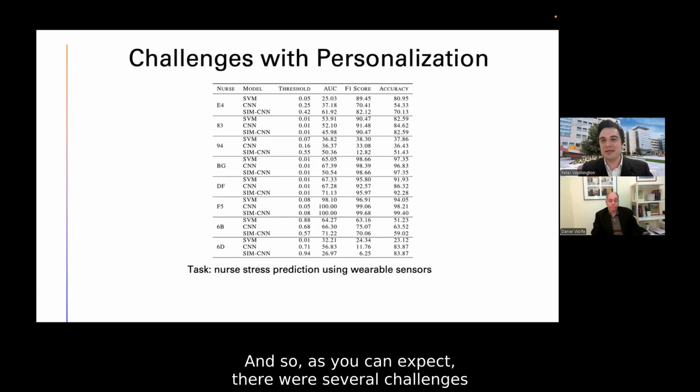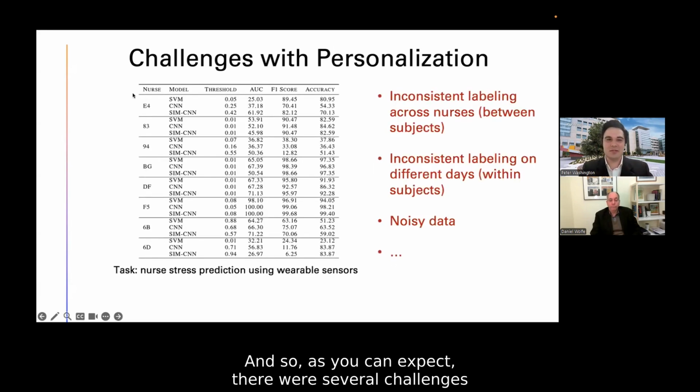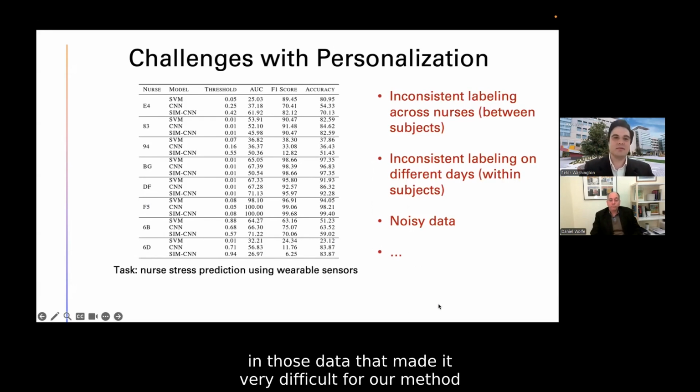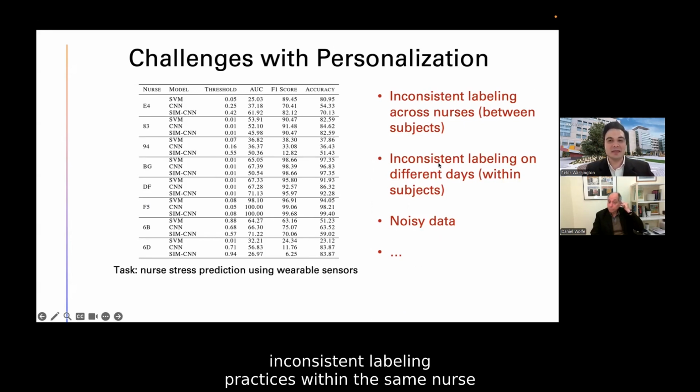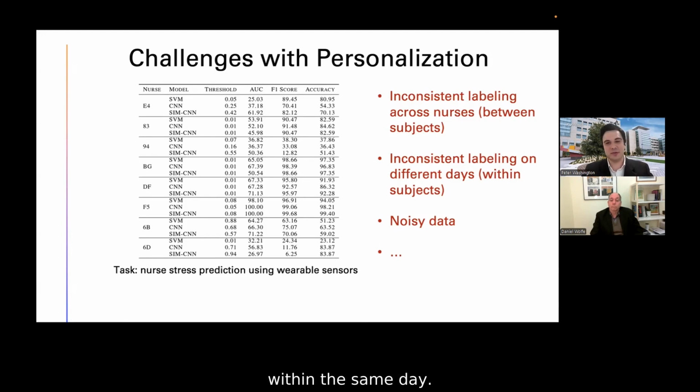And so as you can expect, there were several challenges in those data that made it very difficult for our method to perform well. So first of all, there was inconsistent labeling across nurses, so between subjects. And the idea is that personalization should be able to help with that in theory. But in addition to that, there was inconsistent labeling practices within the same nurse on different days or even in different hours within the same day.